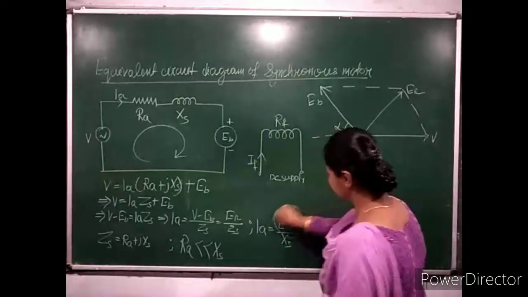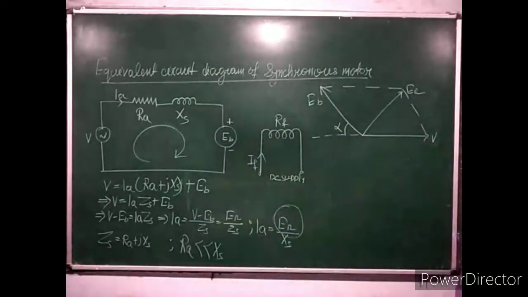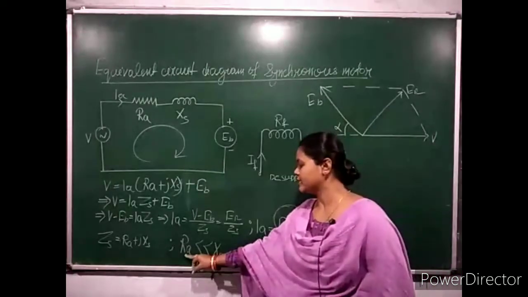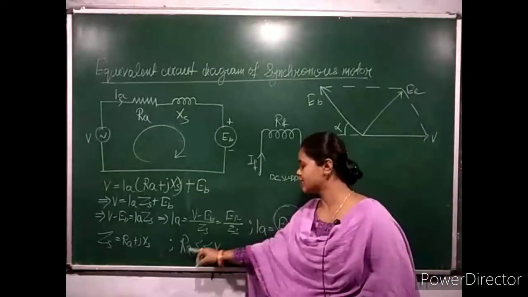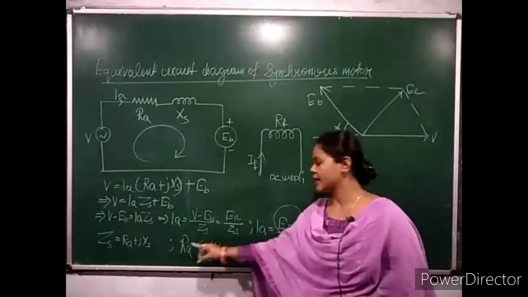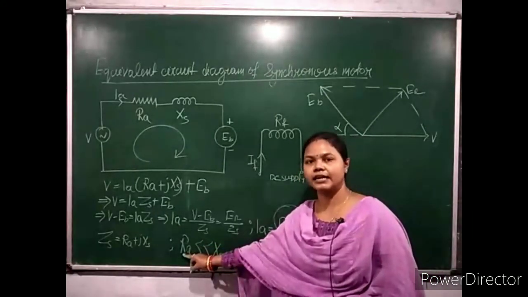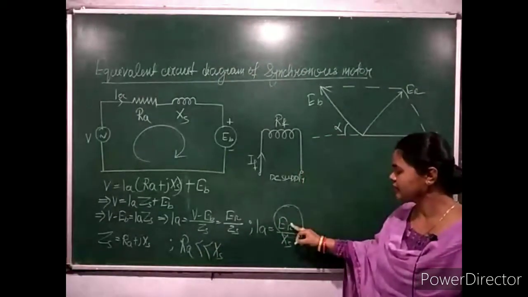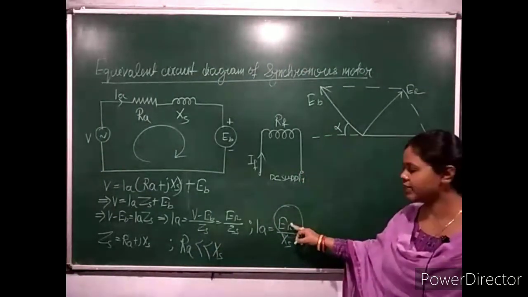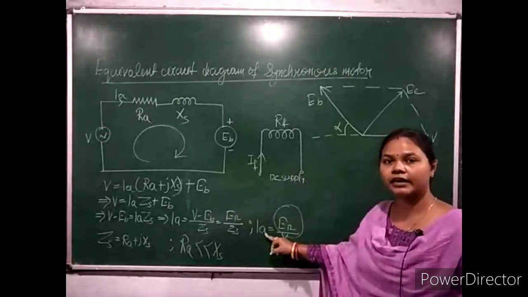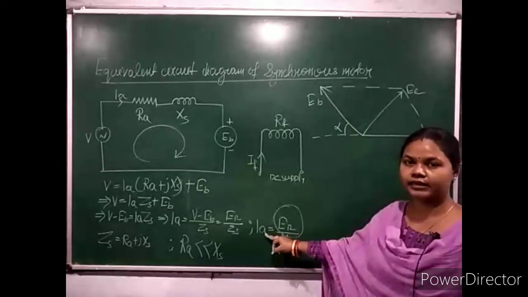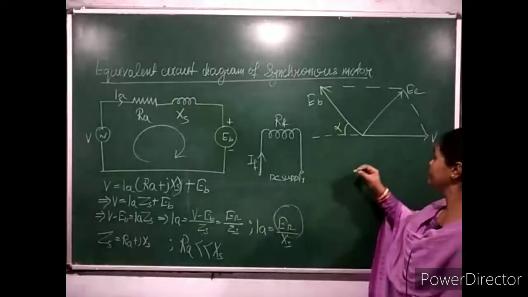As armature resistance is very much less than synchronous reactance, armature resistance is negligible, so the phase angle between the resultant voltage and armature current is 90 degrees lagging.